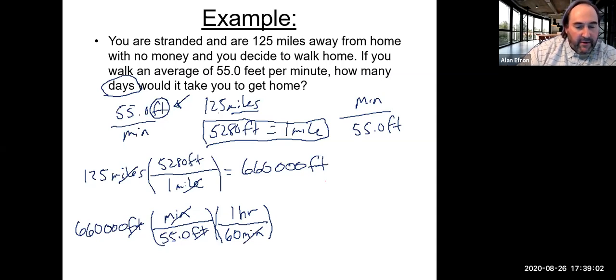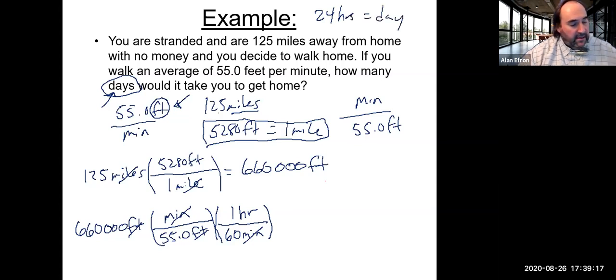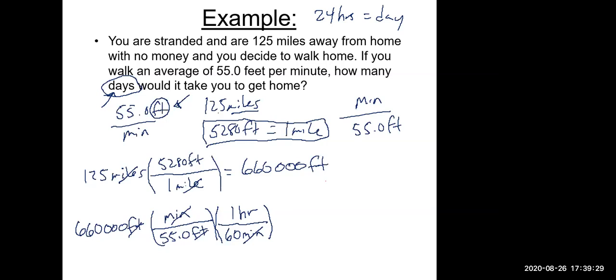If I stop the calculation right at this point, I am in units of hours, which is close to what I want, but again, I need to get into days. So obviously, hopefully we know there are 24 hours in a day. So we will use that as our last conversion here of 24 hours in a day. Again, we want to go opposite, which is hours on the bottom.